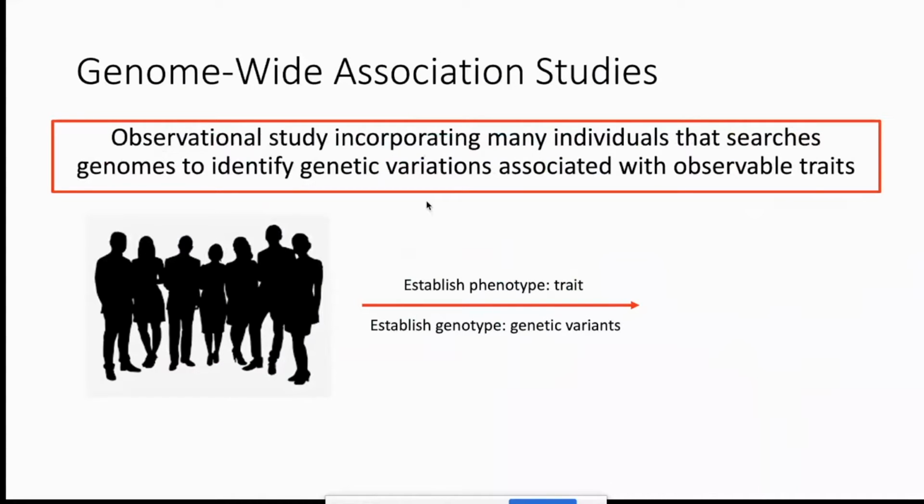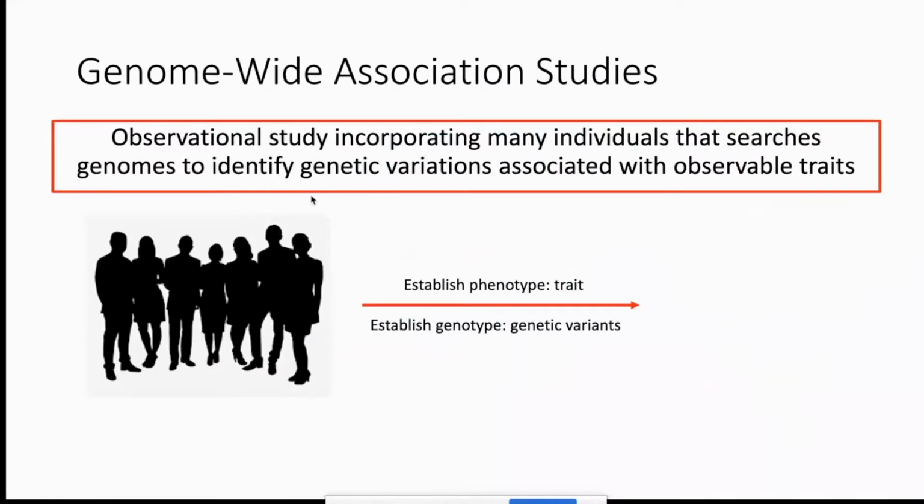So for example, if I was doing a GWAS for type 2 diabetes, I would get a huge cohort of individuals, and I would get their genetic sequences and their genome. I would then look at people who had type 2 diabetes and didn't have type 2 diabetes, and I would see what genetic variants were more prevalent and more associated with type 2 diabetes compared to the people who didn't.